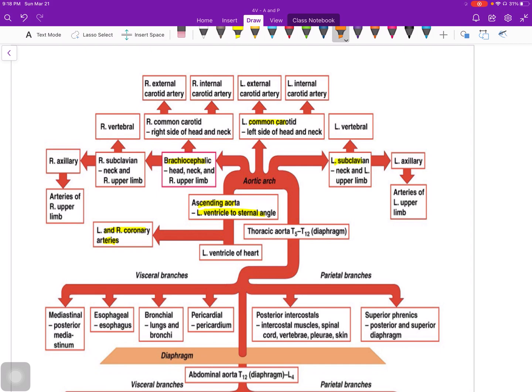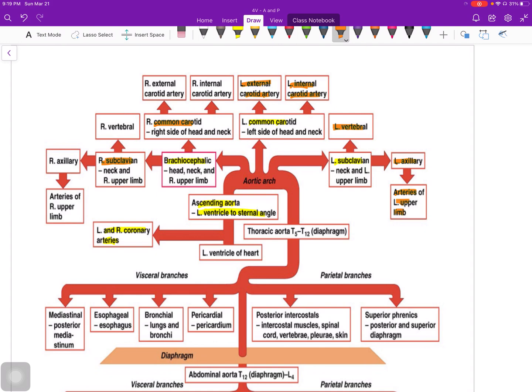Off of the brachiocephalic, I get my right common carotid and my right subclavian. Off of my left common carotid, I get my left external carotid and my left internal carotid. Off of my left subclavian, I get my left vertebral. Then I go into the left axillary and then the arteries of the upper limb.